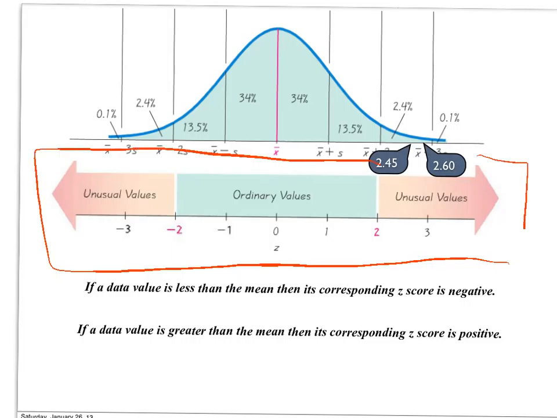If a data value is less than the mean, then its corresponding z-score will be negative. And if a data value is greater than the mean, its corresponding z-score will be positive. It's a little handy thing to remember when working with z-scores.